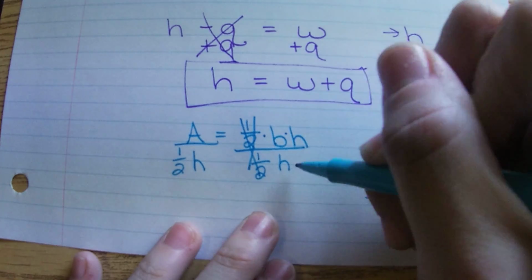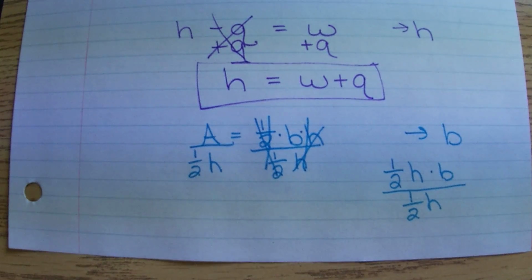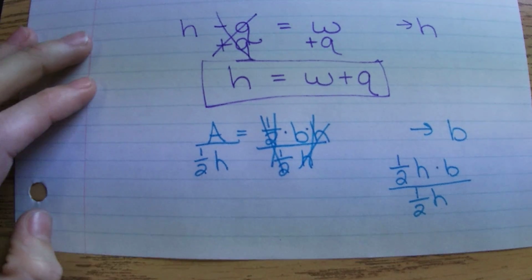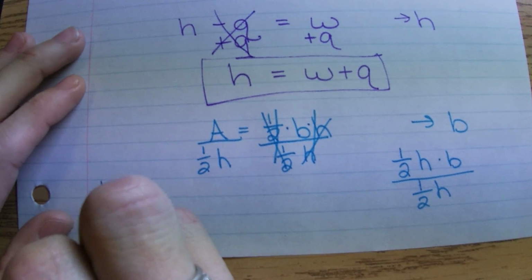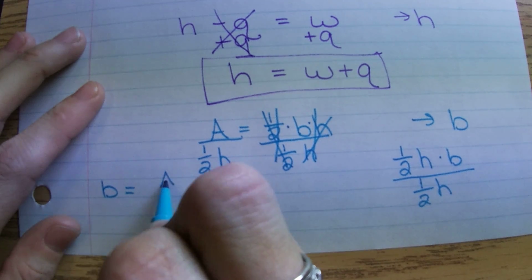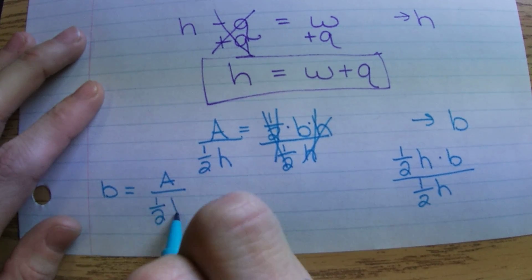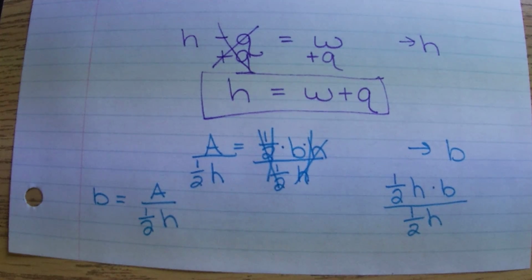So my 1/2 cancels here and my H cancels here. And realistically, if we are just asked to solve for B, if that's all we are asked to do and it is a free response, it would be a correct answer to say B equals A over 1/2 H.